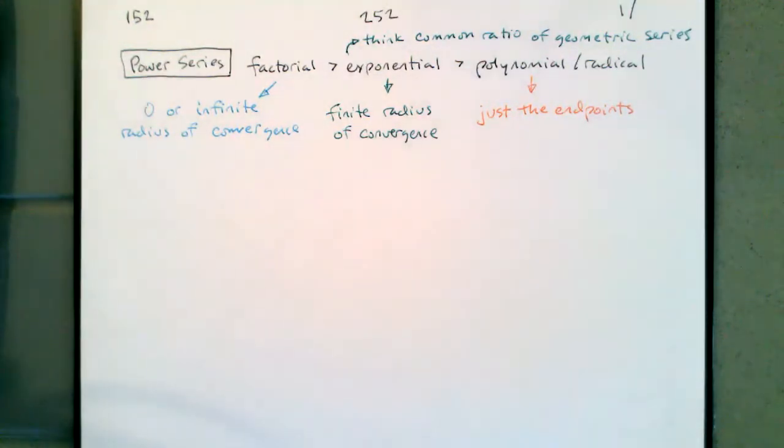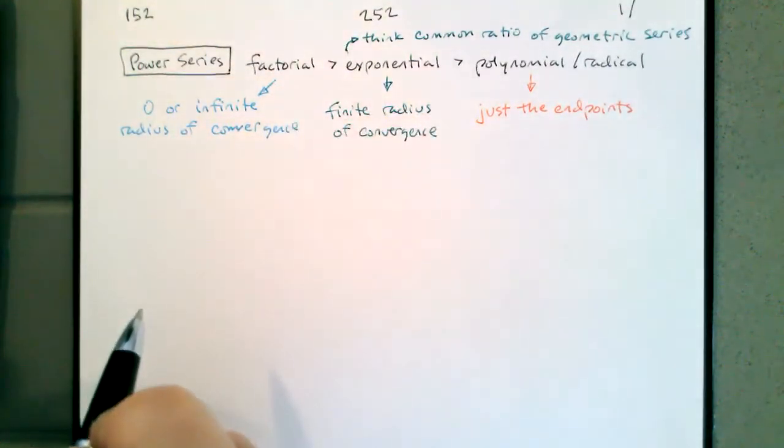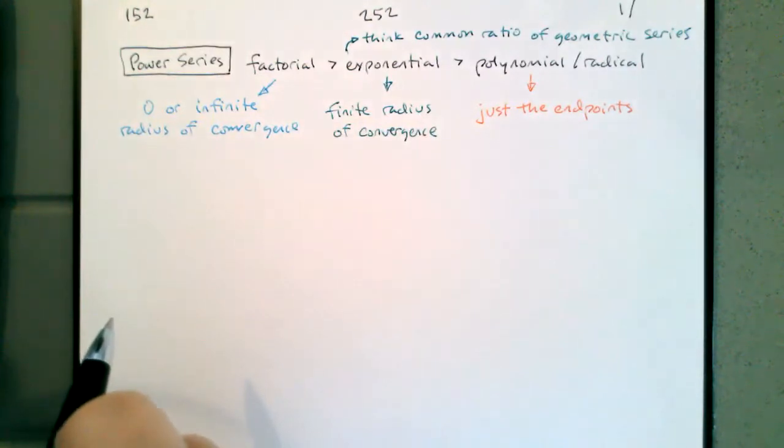That's a very sloppy way of thinking about it, but it's the way that it comes out in my mind. So only factorial factors leave extra n's, an imbalance of n in the limit from the ratio test.